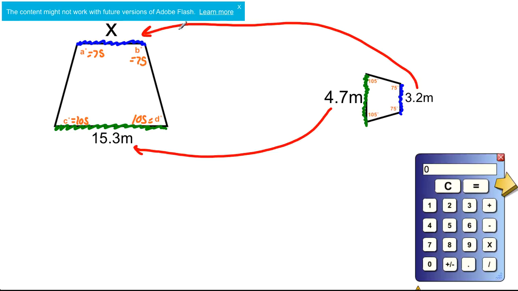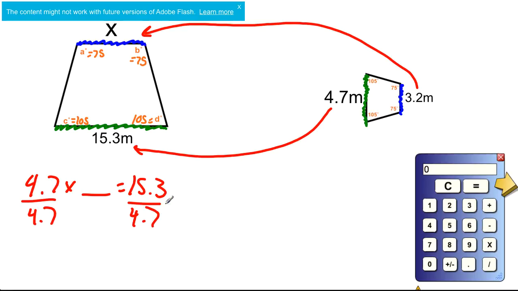So I'm going to use my number sentence of 4.7 times something equals 15.3. I divide both sides by 4.7. I'm going to use my calculator to help me out. So 15.3 divided by 4.7.